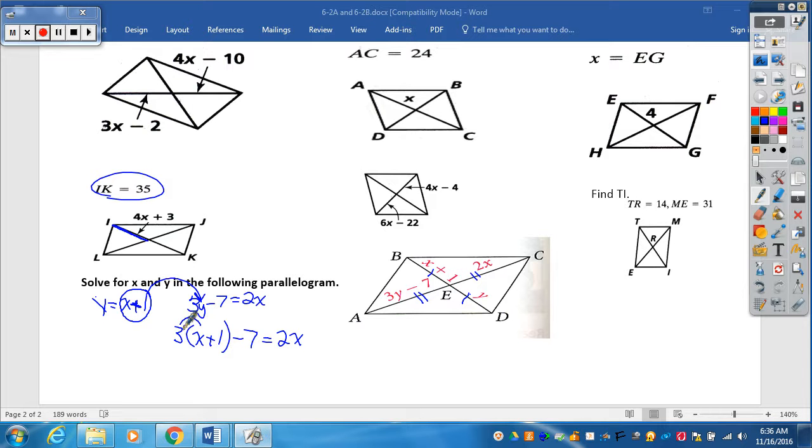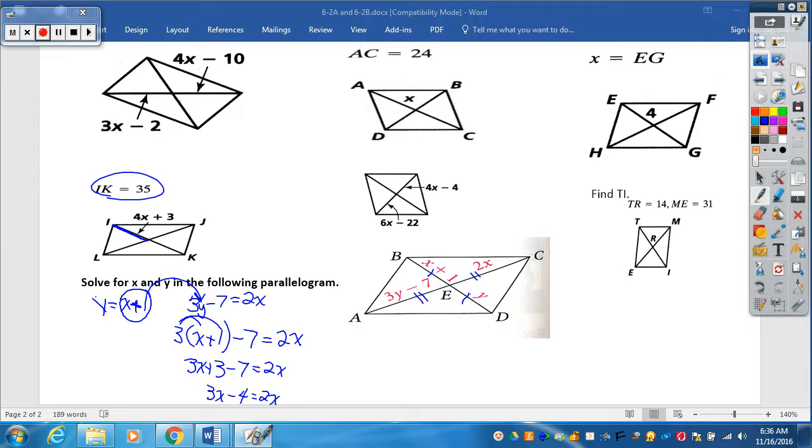Obviously, I'm going to go ahead and get rid of the parentheses first. So 3x plus 3 minus 7 is equal to 2x. Might as well combine like terms. 3x minus 4 equals 2x.